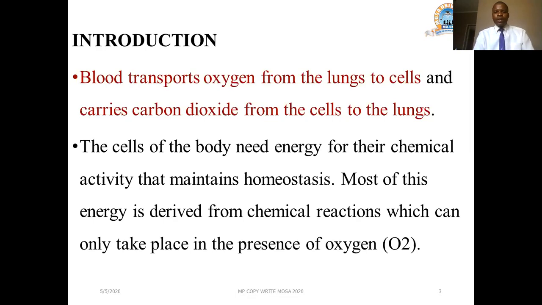So we understand that most of the metabolic chemical reactions that take place in the body need to take place in the presence of oxygen. It is for this fundamental reason that the body tries by all means to make sure that oxygen is present at all times with the continuation of the respiratory mechanism.